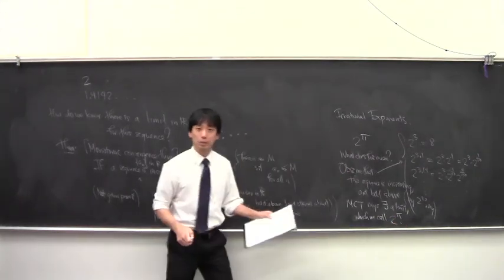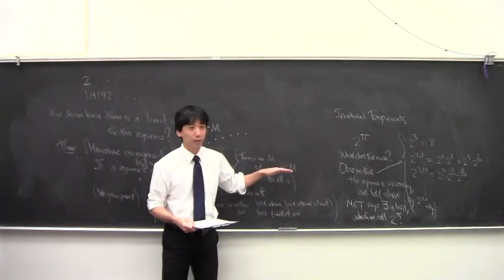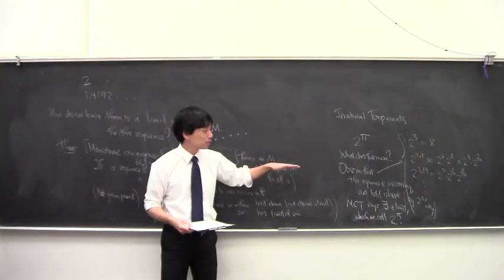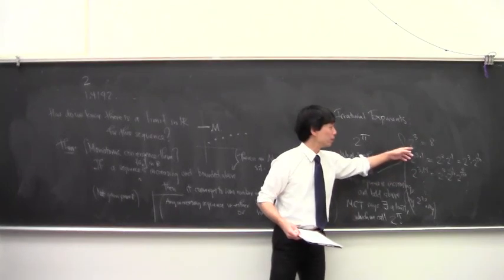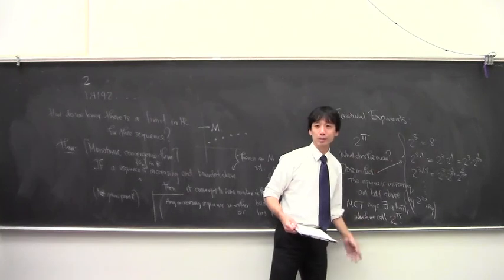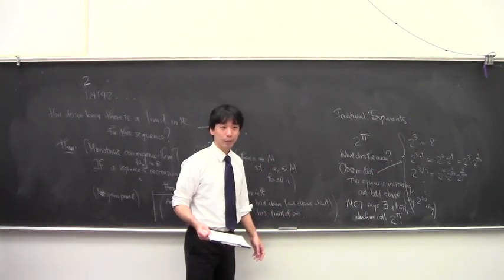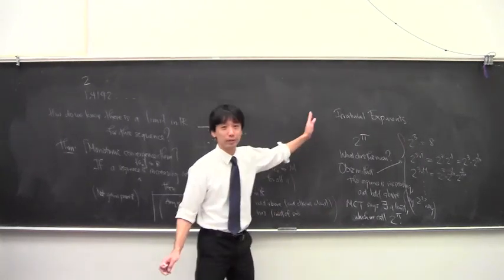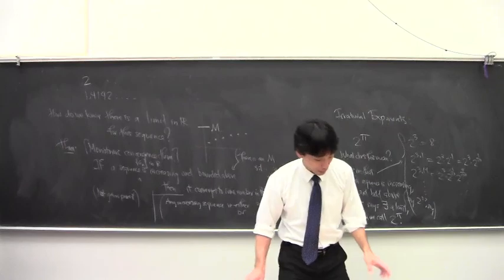So that's what 2 to the pi means. 2 to the pi is the limit of the monotonic increasing sequence that you get by looking at 2 to the powers of increasing accuracy. So that's how you get irrational exponents, which you didn't have before. Okay, that's it for today.